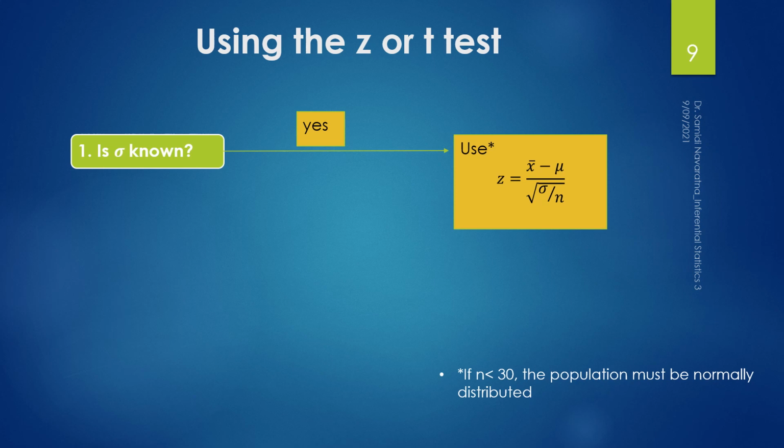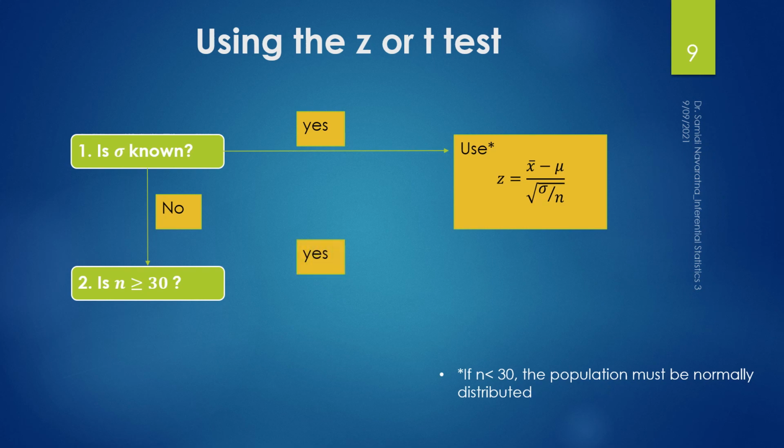Again, if the sample size is low, that is less than 30, the population must be normally distributed. Secondly, if you don't know the standard deviation of the population, you have to ask whether the sample size is greater or equal than 30.